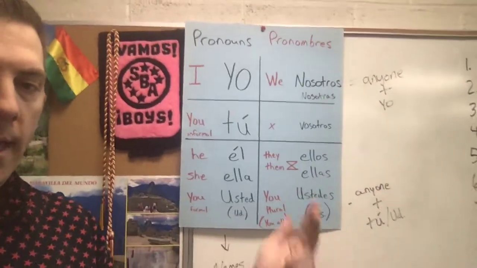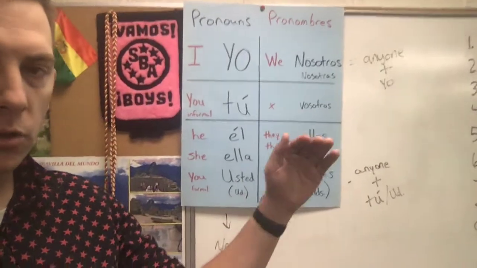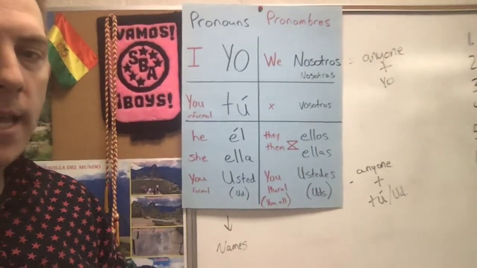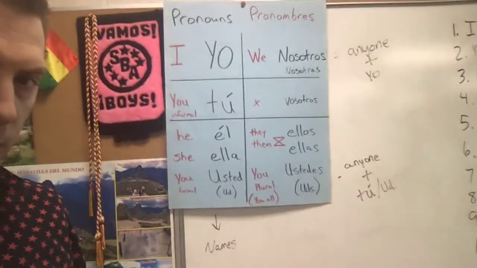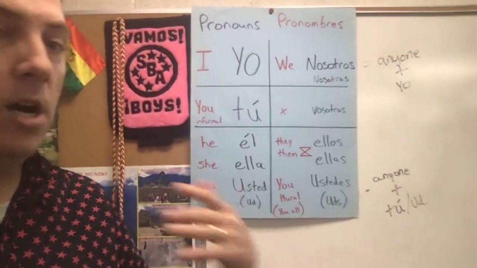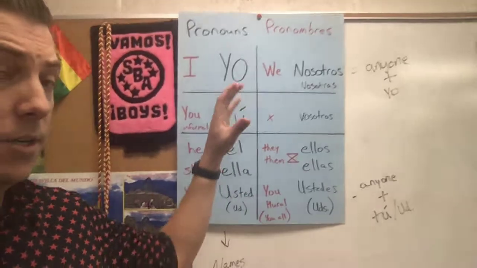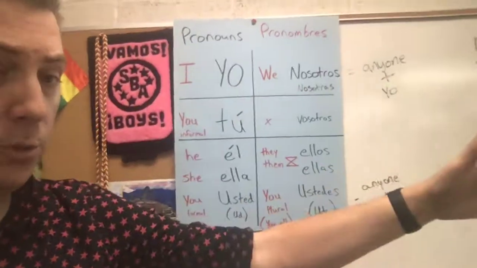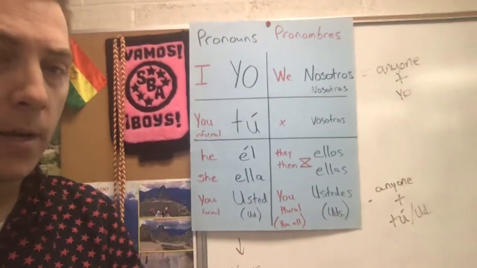Yo, tú, él, ella, usted, nosotros, nosotras, ellos, ellas, and ustedes. Now, we will use this kind of chart a lot this year when we conjugate verbs. And if we understand the pronouns and who's doing the action and who we're talking about, will help us when we start conjugating the verbs. So there you have it. Thanks again, amigos.